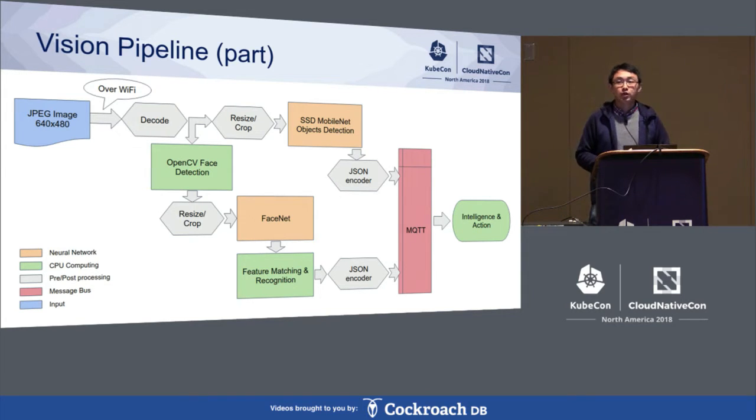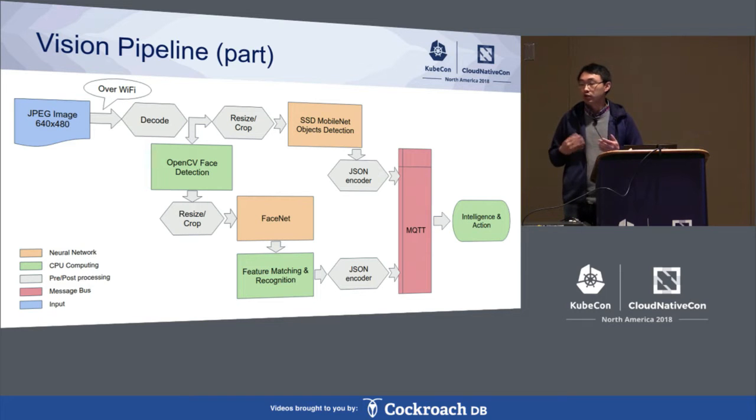When the pipeline receives the image, it performs some pre-processing tasks like decoding the image, converting the image pixel format, and doing some resizing and cropping. Then it's sent to multiple data processing passes in parallel.